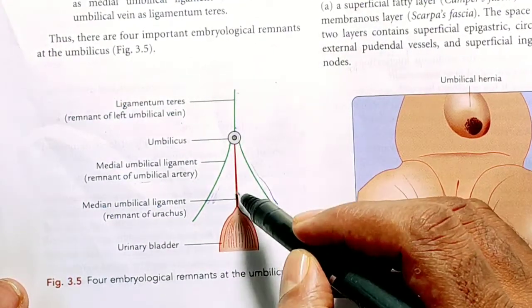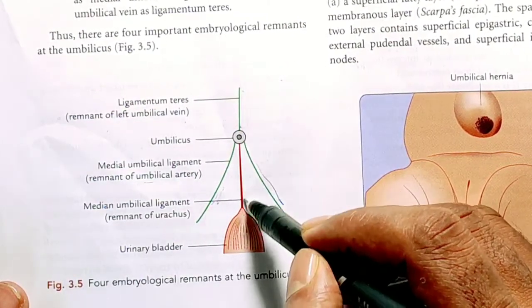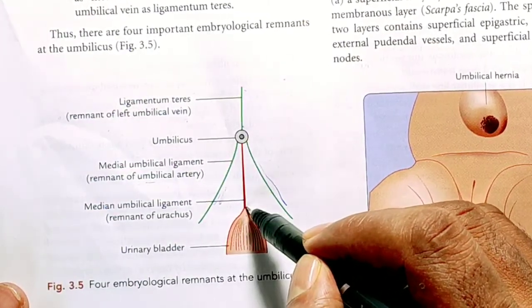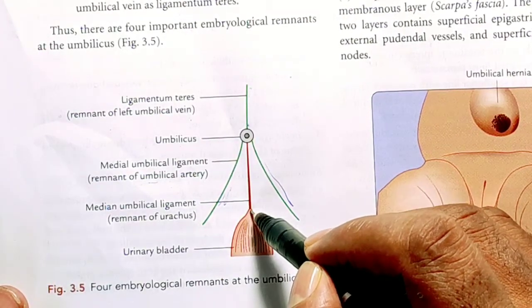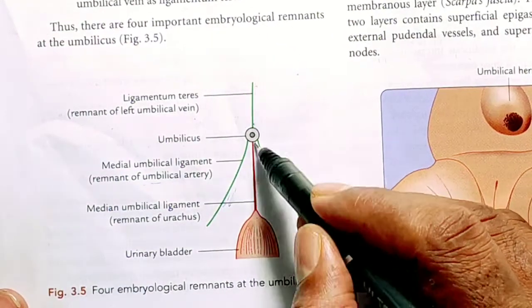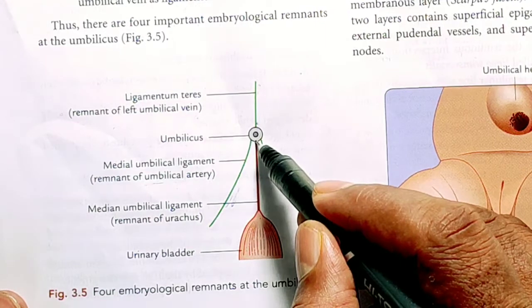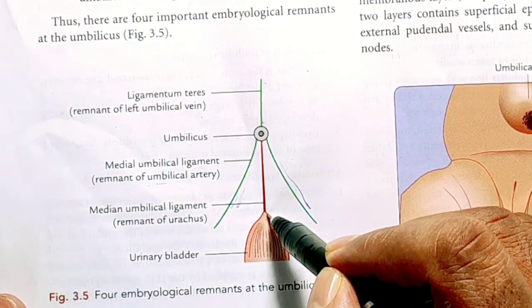And the urachus is present at the umbilicus at the developmental stage, and this urachus remains as a ligament of the bladder of the baby, attached at the apex of the bladder in the median plane. Since it is present in the median plane, it's called the median umbilical ligament, which is a remnant of the urachus.